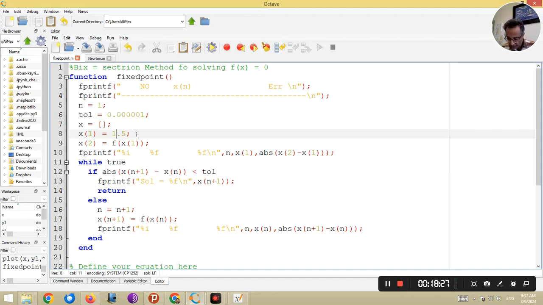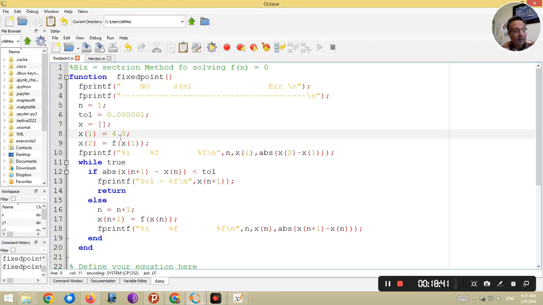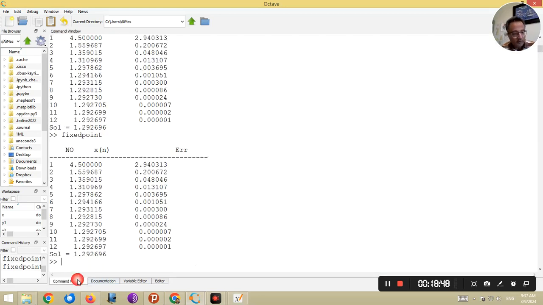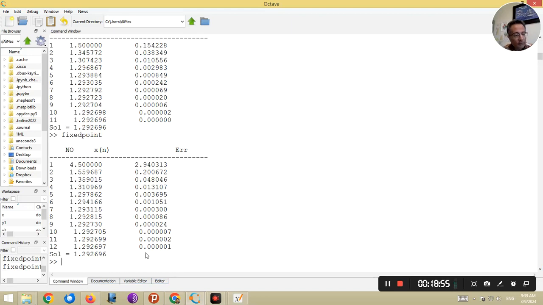I choose 4.5, save and run. No, something is wrong. Let me check. No, in both cases it converges to the first root, 1.29.